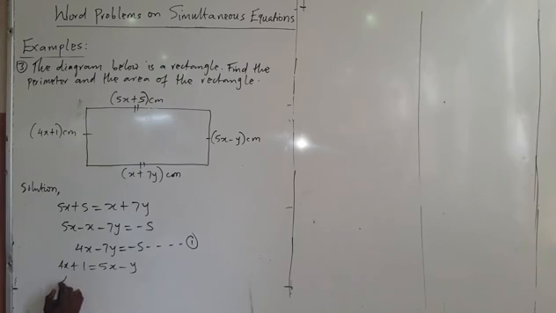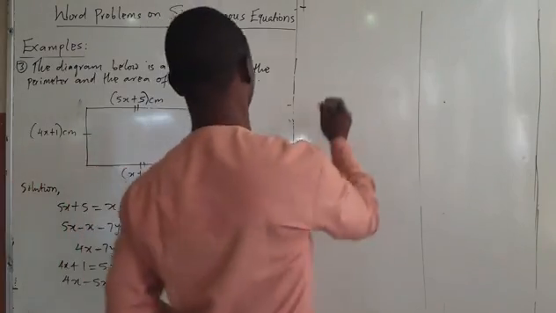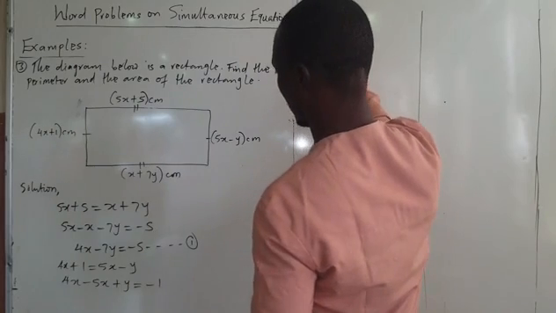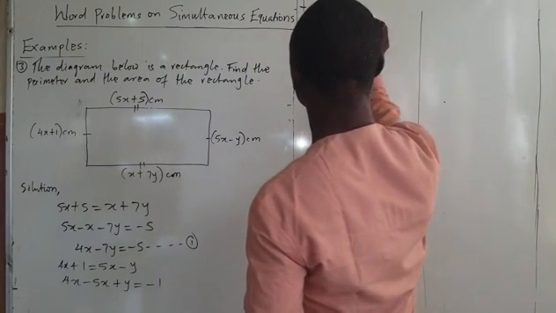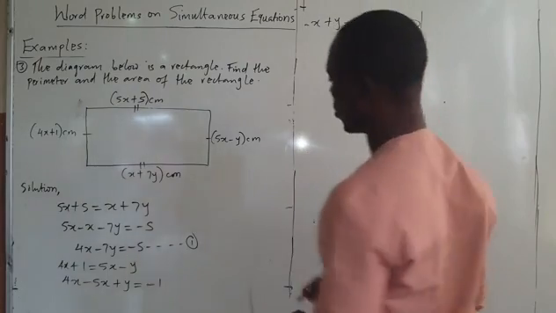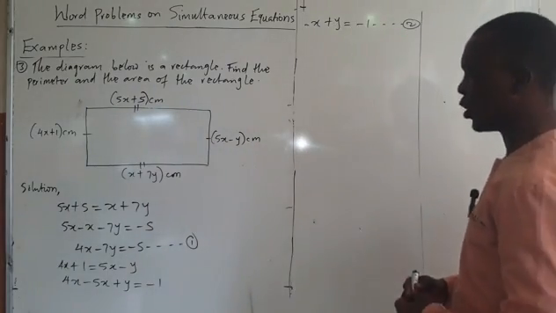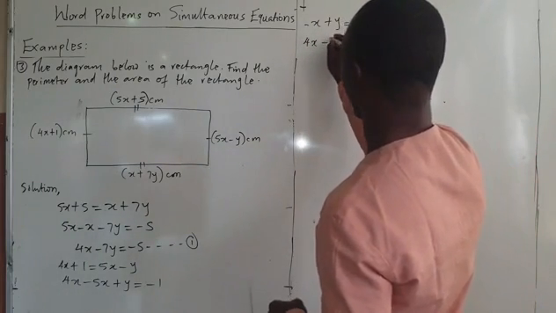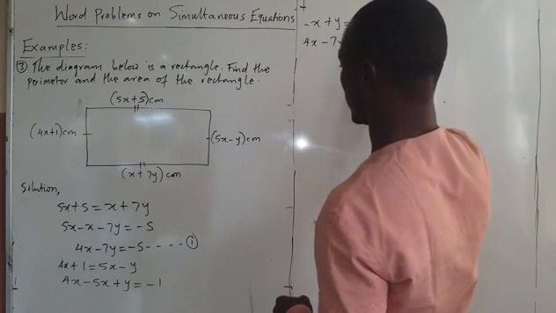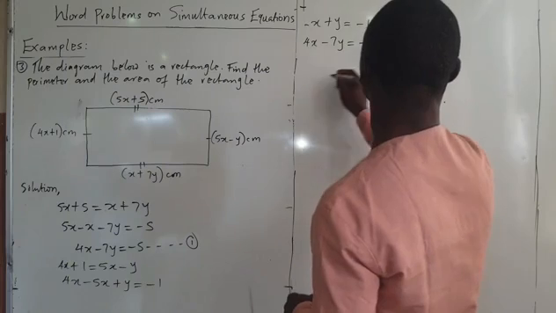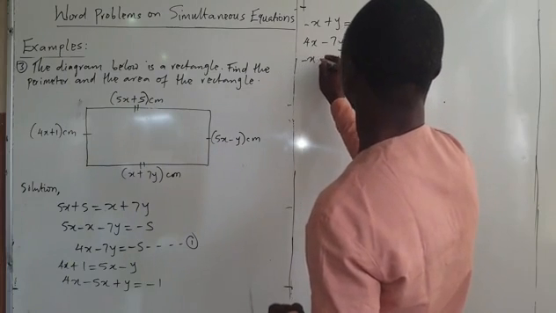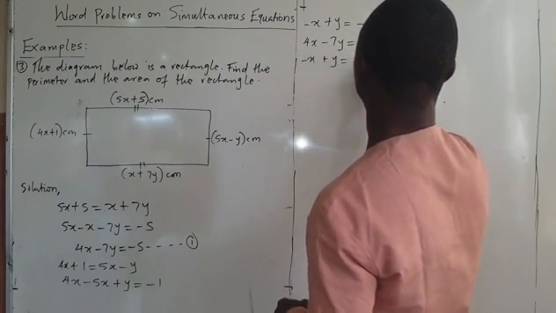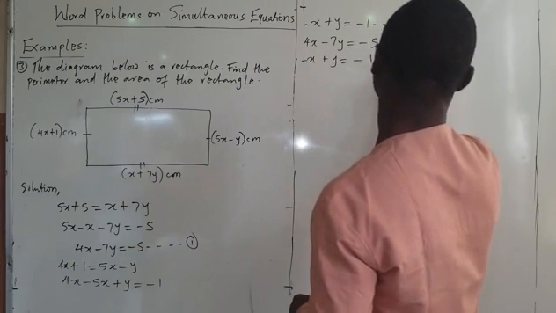So we have 4x minus 5x plus y equals minus 1. So the equation becomes minus x plus y equals minus 1. This is equation 2. So you now bring equation 1 and 2 together and solve simultaneously. So 4x minus 7y equals minus 5, which is equation 1. Then minus x plus y equals minus 1, which is equation 2.